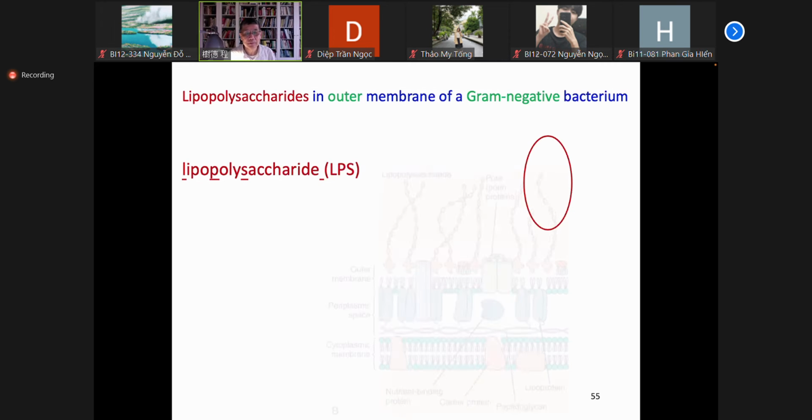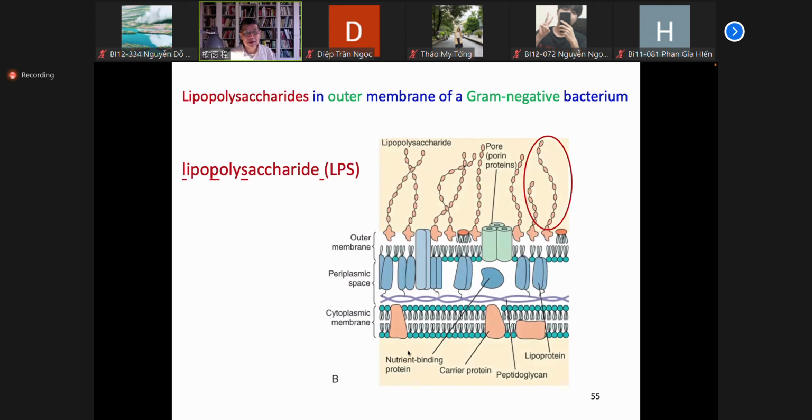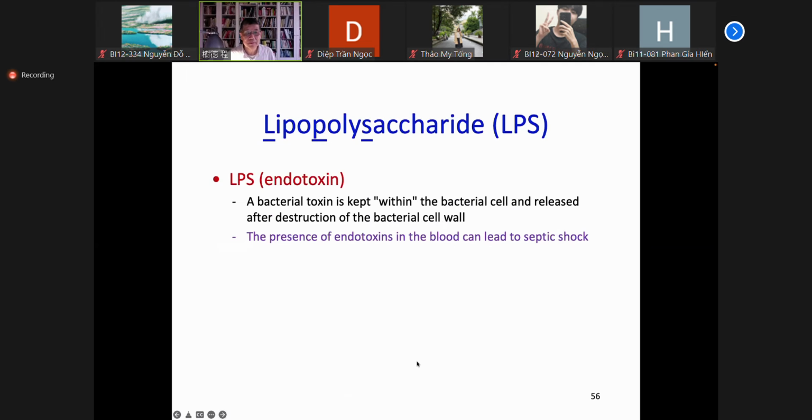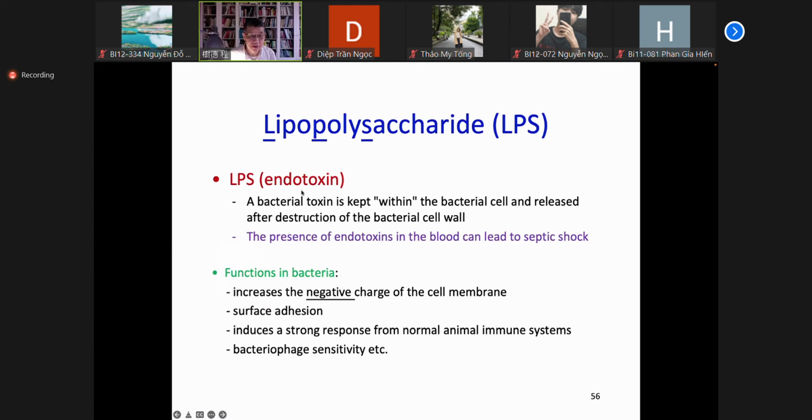Lipopolysaccharide. This is lipid and also polysaccharide, also called endotoxin. It is called endotoxin because once the bacteria is inside a human being or an animal, the release of this endotoxin is sometimes lethal.